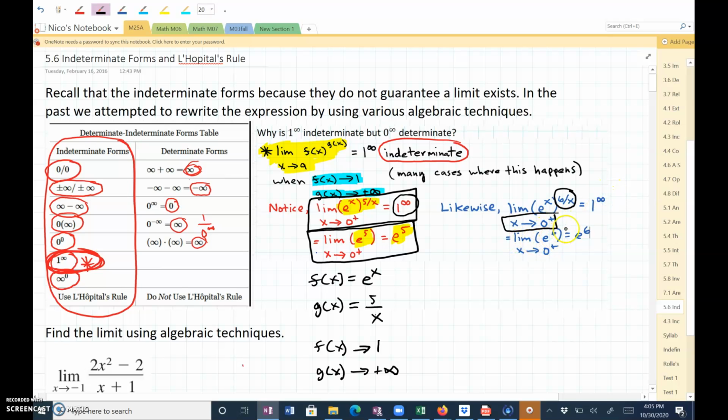And then if we tried to manipulate this algebraically, this would be the limit of e to the 6th as x approaches 0 from the right. If we evaluate this, this would be e to the 6th.